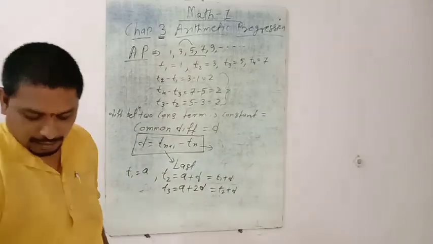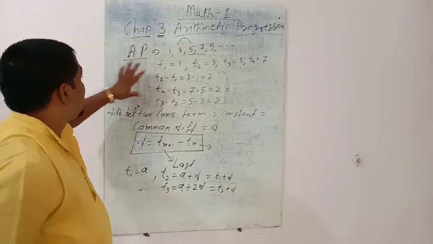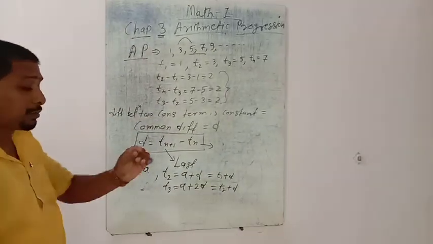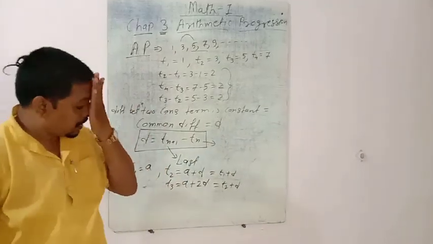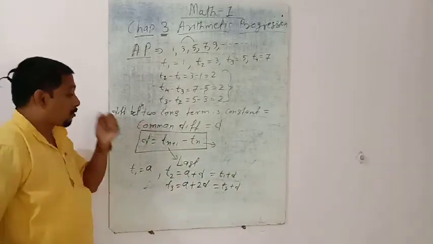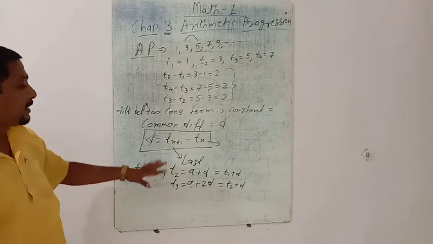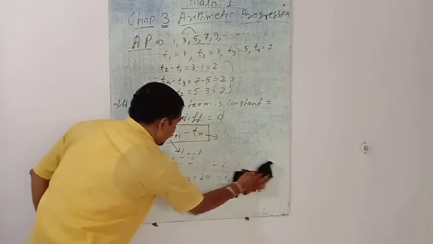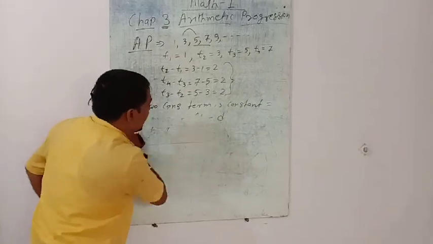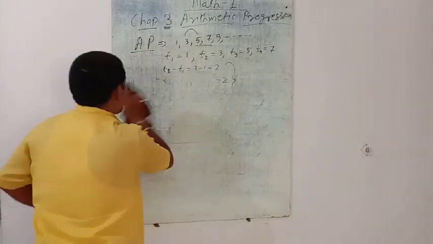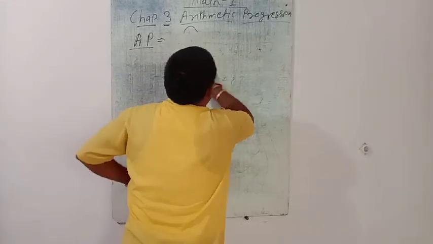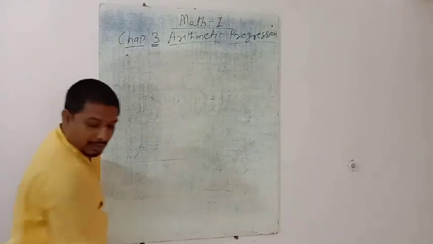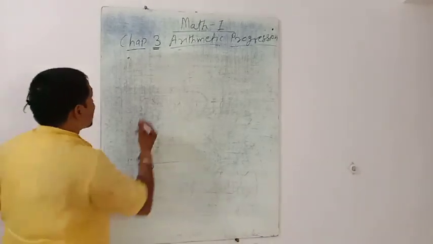Then we see arithmetic progression: the difference between two consecutive terms is constant, so it is called the common difference, and we find it using the formula Tn plus 1 minus Tn, where Tn plus 1 is the last term and Tn is the last but one term. Now we have to find Tn, the last term.